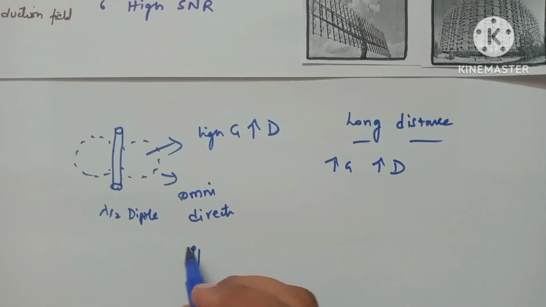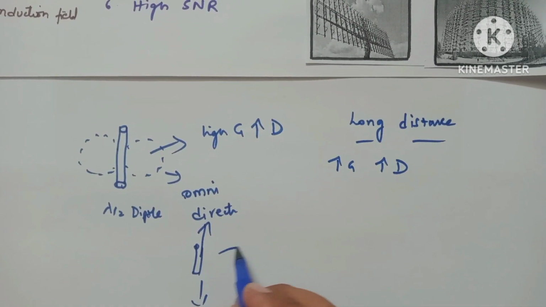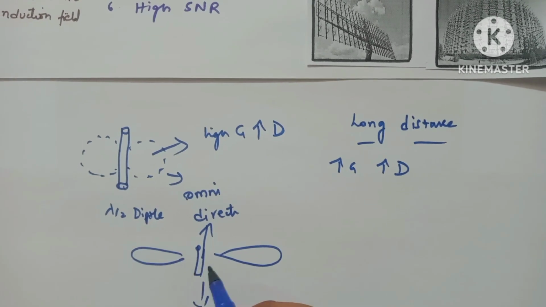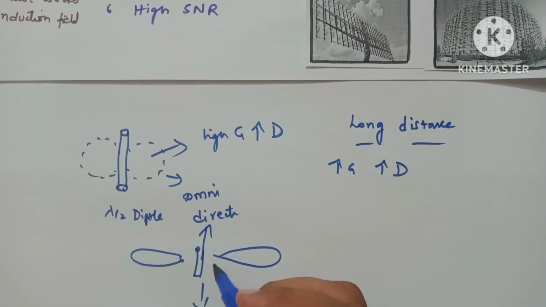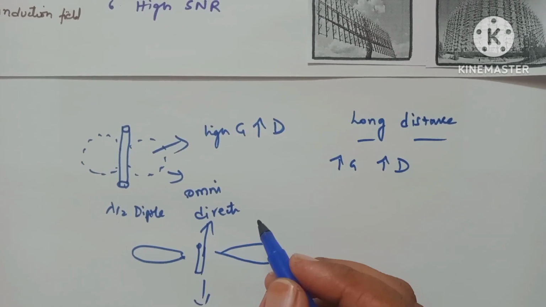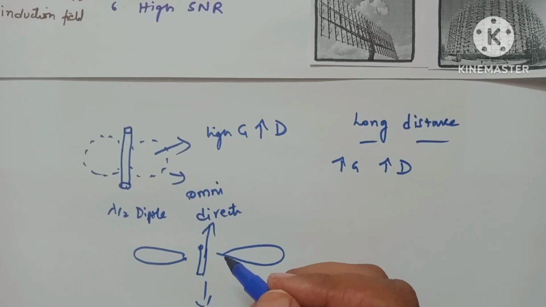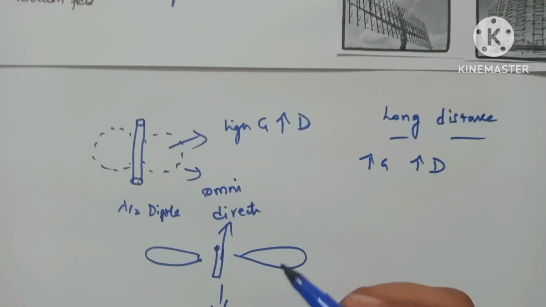If we go on increasing the antenna size, the radiation pattern enlarges like this. But is it possible to increase the size of the antenna in all cases? If we increase the electrical size of the antenna, it may not be compatible with all applications.